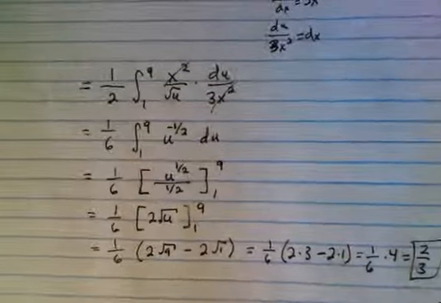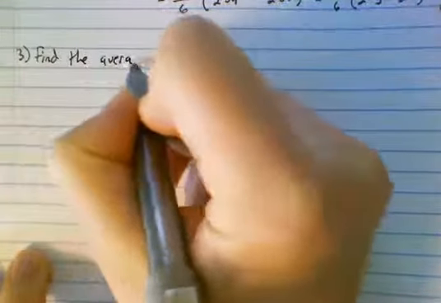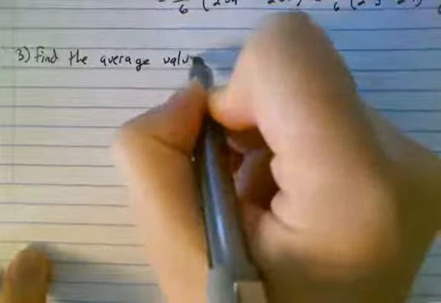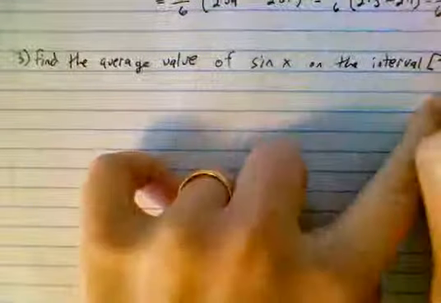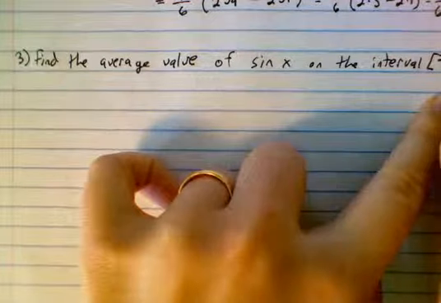Let's do one final one with trigonometry, and then we'll be done. Okay, find the average value of sine x on the interval negative pi over 2, comma, pi over 2.